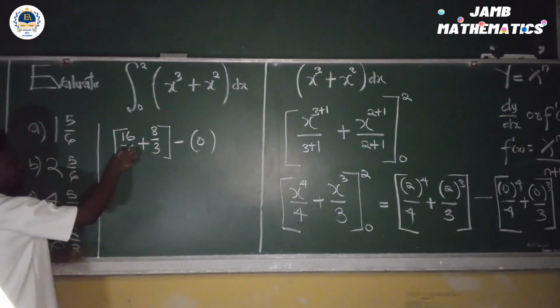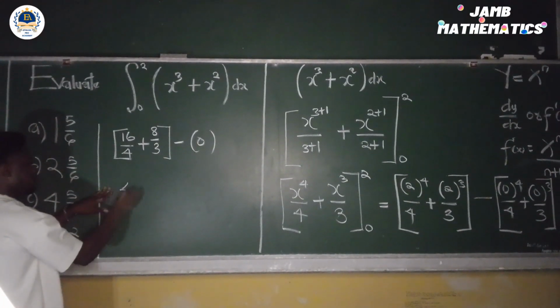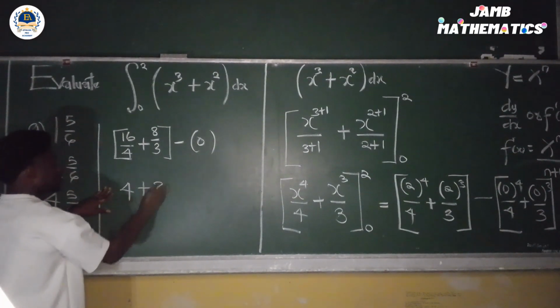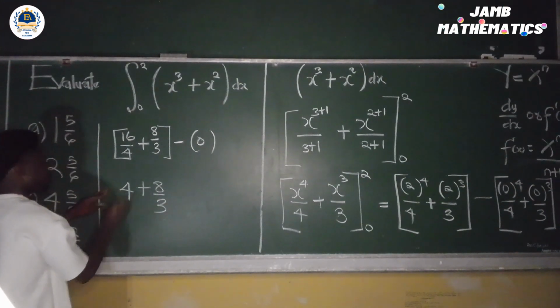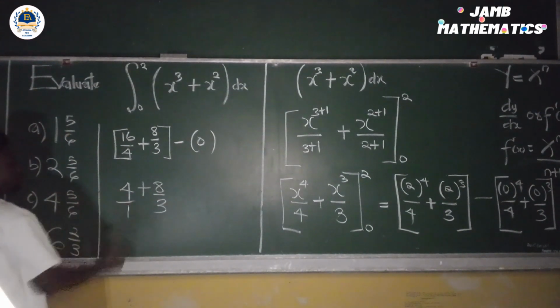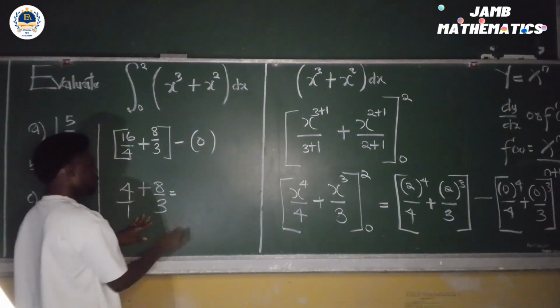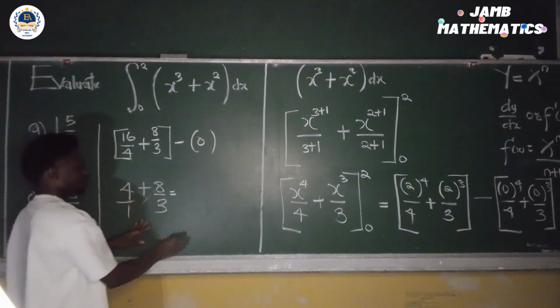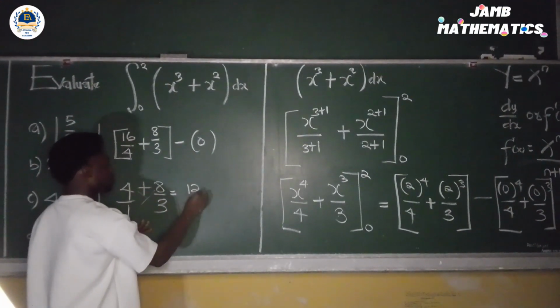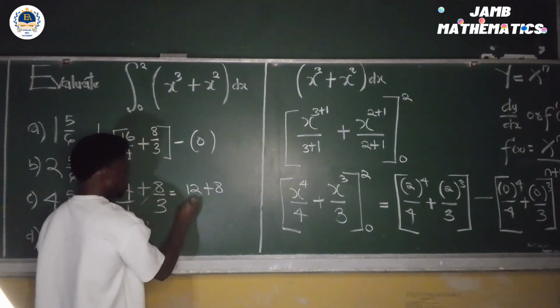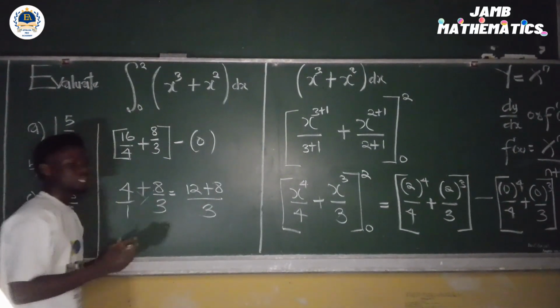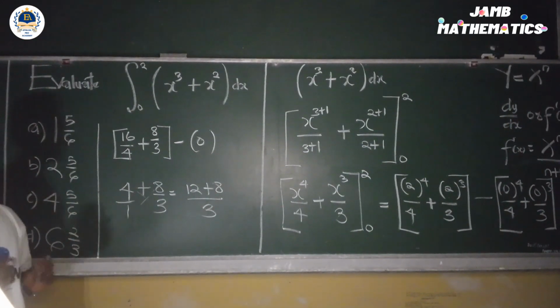So we are left with this. 16 divided by 4 gives 4 plus 8 over 3. Since the denominator is 1 here and the LCM is 3, we can simply use the shorter method by cross multiplication. If you cross and multiply, we have 12 plus 8 all divided by 3. This is the simplest method. We can actually look for the LCM.